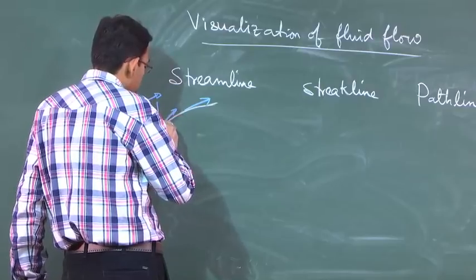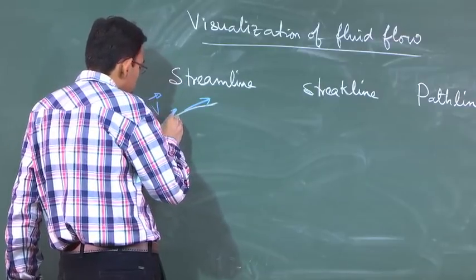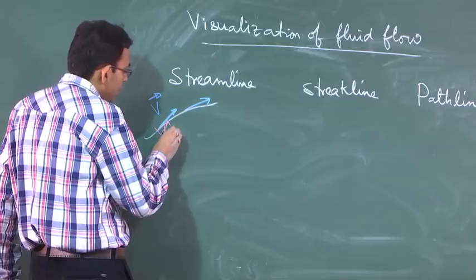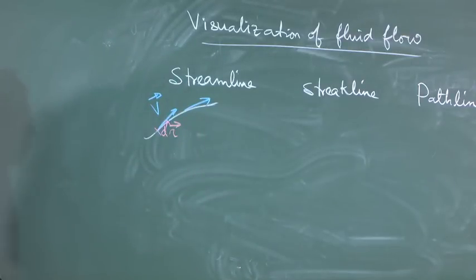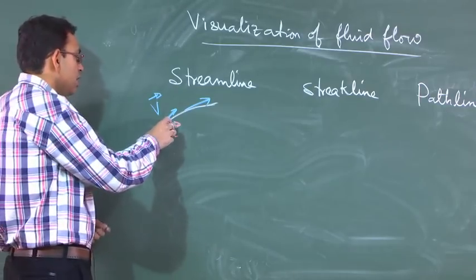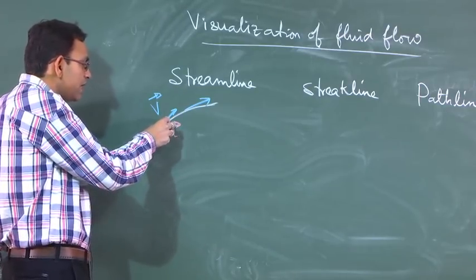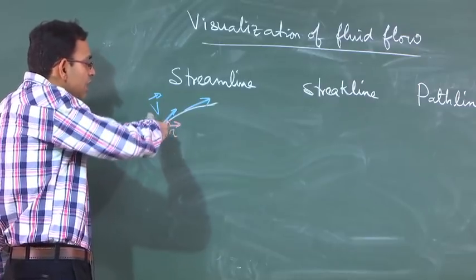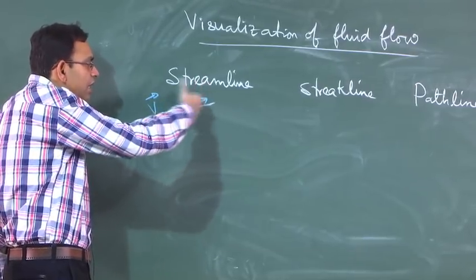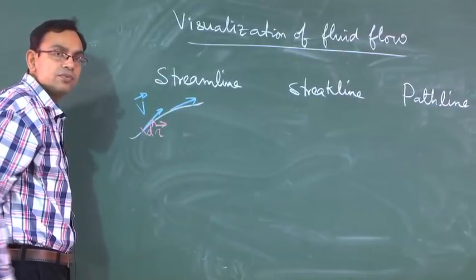Now let us take 2 points which are sufficiently close to each other on the streamline, and let us call this by a differential position vector dr. See this, because these 2 points are sufficiently close, this dr is almost coincident with the curve which is the streamline.